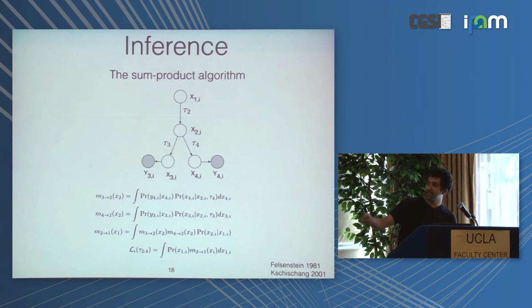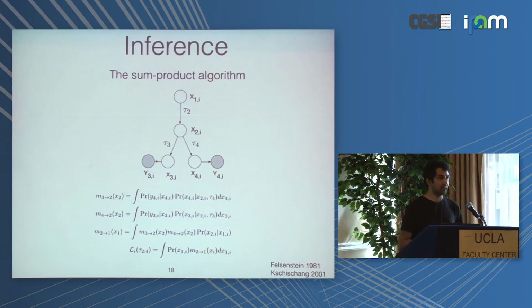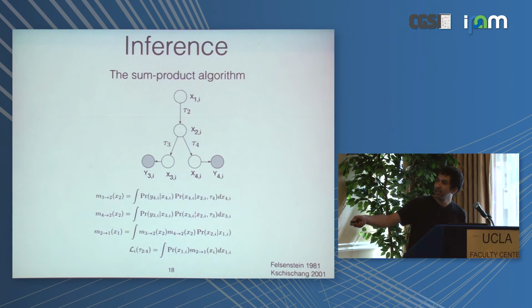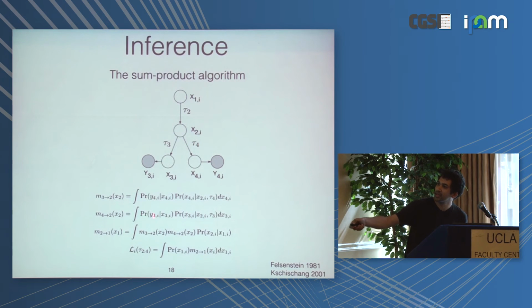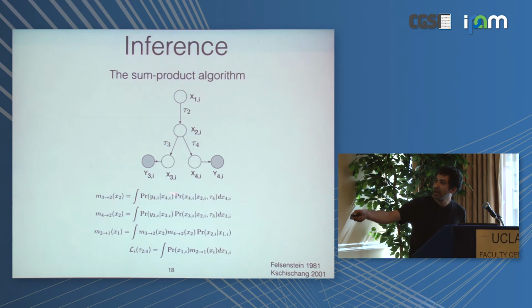The way to write this is to think of it as computing partial integrals. The first integral is obtained by integrating out, so I think there's a typo here, x4, and you get a partial integral that depends on x2. You integrate out x3 and get another term that depends on x2.